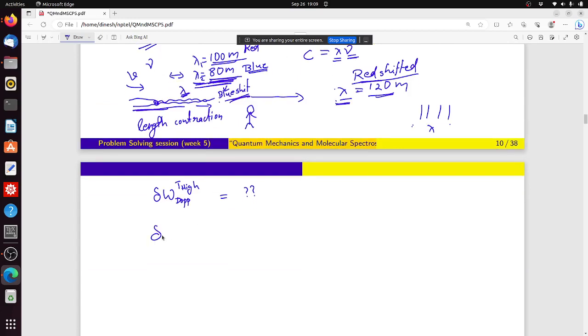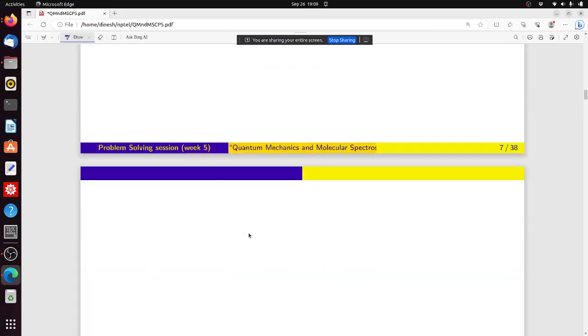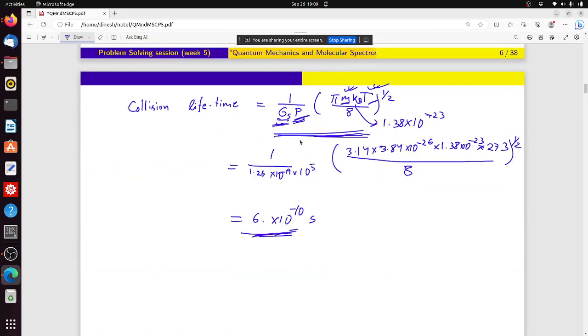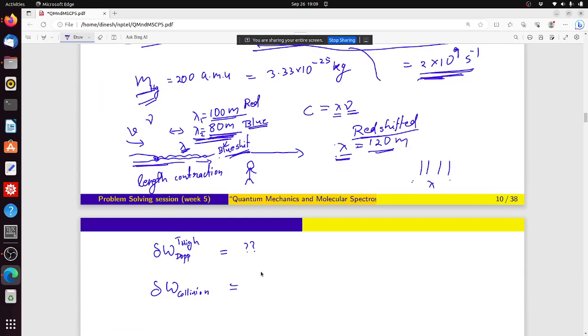Okay, so delta collision wavelength, this is given as for this one: on over sigma s p, under root, pi m k b t over 8.